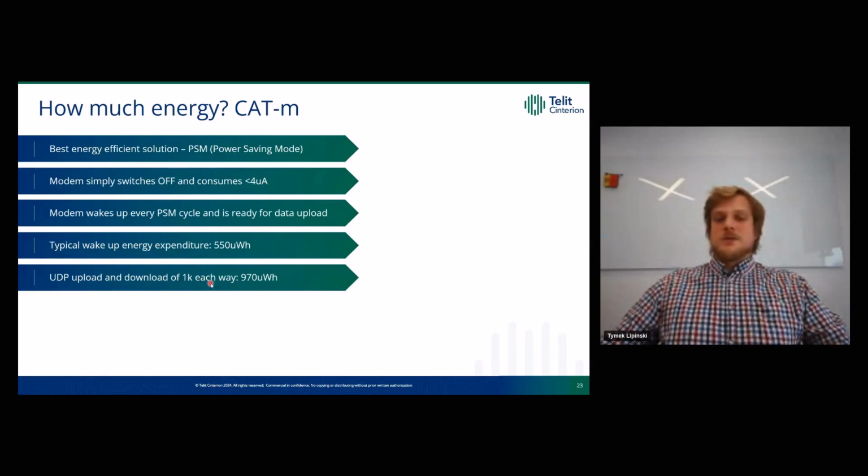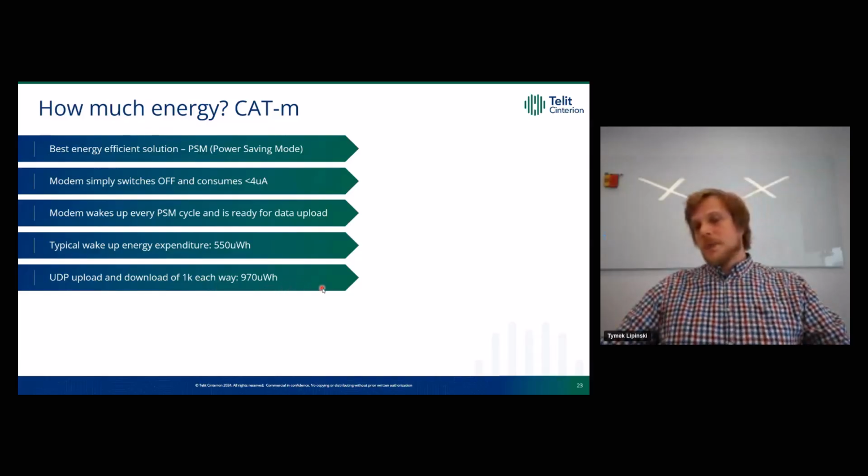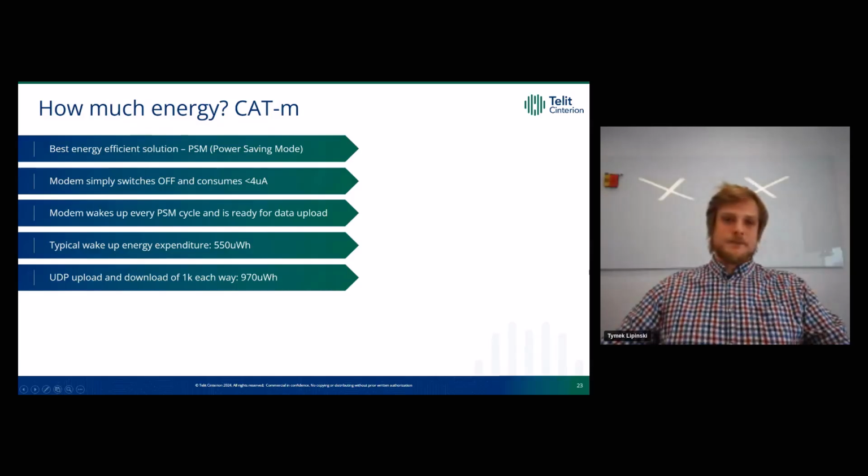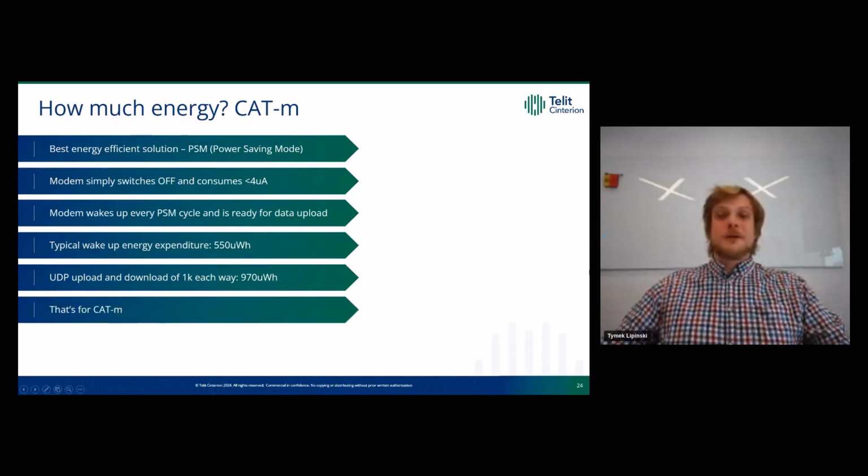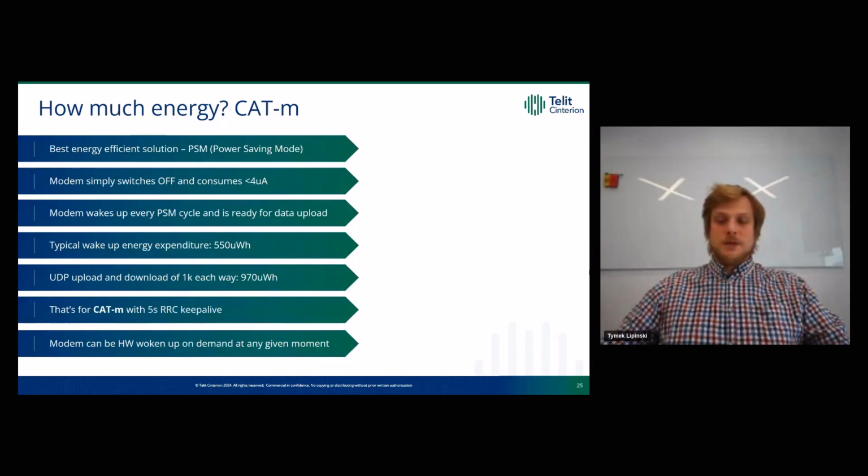UDP upload and download scenario of 1 kilobyte each way, 970 microwatt hours, that was, we were sleeping, we wake up, we send, we receive, we go back to sleep. And that's again for CATM network. And that's with the specific network operator who uses 5-second keep alive RRC.